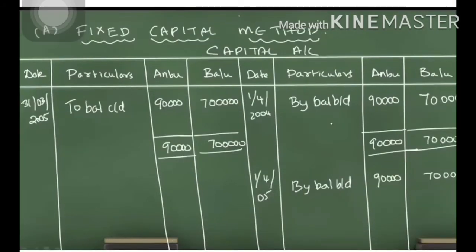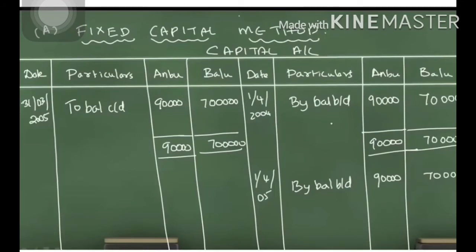Under fixed capital method, we prepare two accounts, capital account and current account. Now as you can see here, in capital account you have only two entries, balance brought down and balance carried down. All other adjustments such as drawing, salary, commission, interest on capital, interest on drawings, all that is shown in the current account. In capital account, closing balance and opening balance.